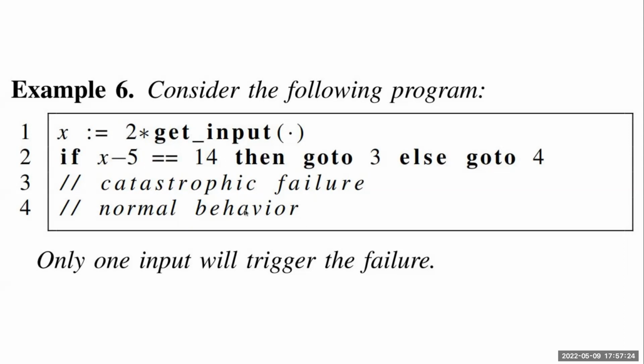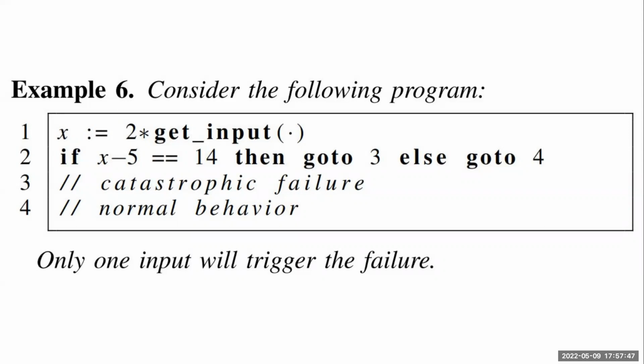Then we have a formula here. The formula is 2 times s minus 5 equals 14. That's our formula. Using that formula, we feed it into a mathematical solver to solve this formula. And the solver will tell us, oh, your x needs to be 19.